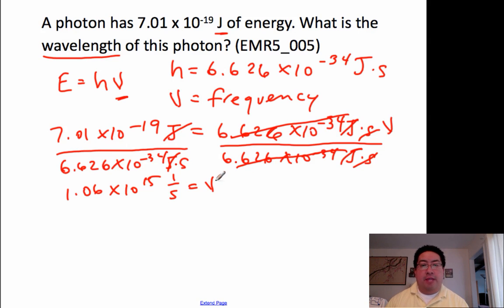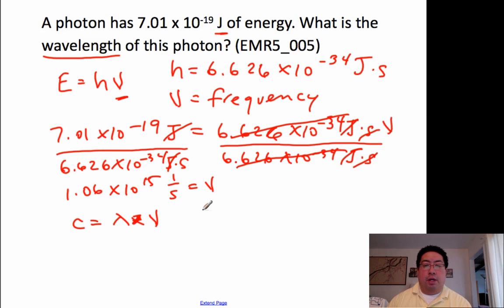So I'm not at my answer yet, but now I can use our other equation. Remember, our other equation is going to be, what was it again? Oh my gosh, let's see, so C equals the wavelength times the frequency, right?